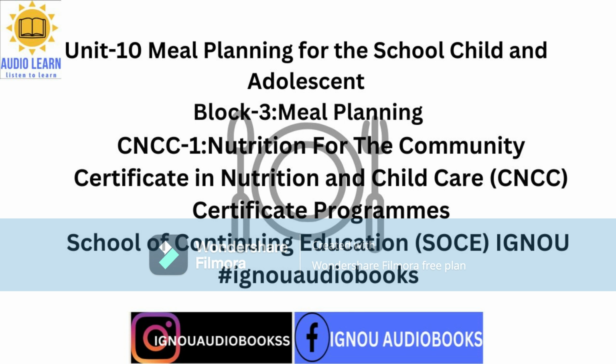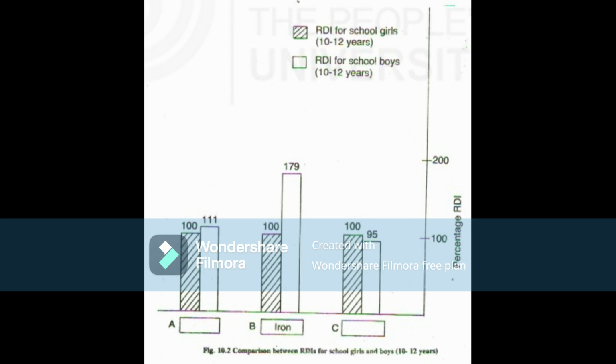This should help you identify the nutrients in the case of A and C. For example, in the case of B, the RDI for iron for boys equals 34 and the RDI for girls equals 19, so the percent RDI in the case of boys equals 34/19 times 100 equals 179. This is the same as the number indicated for boys in B, hence we can conclude that this is a representation of RDIs for iron. Figure 10.2: Comparison between RDIs for schoolgirls and boys, 10-12 years. Look at the screen for table content.